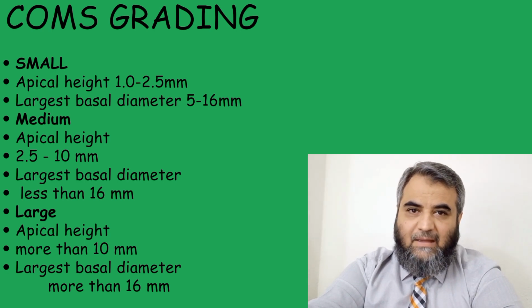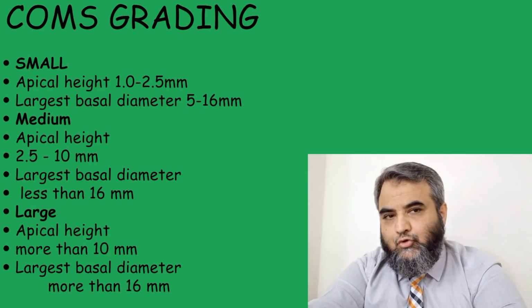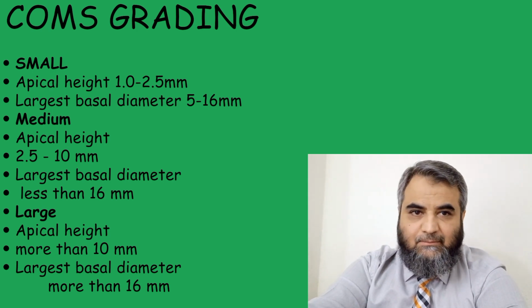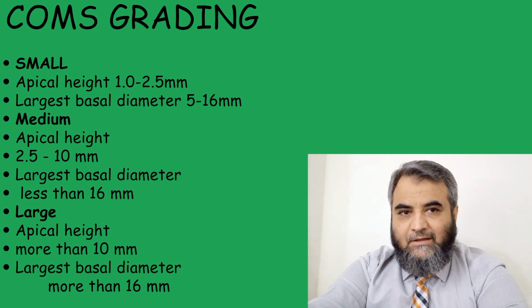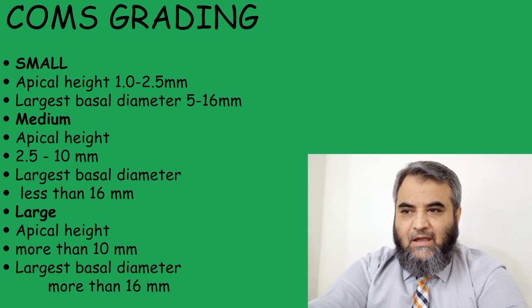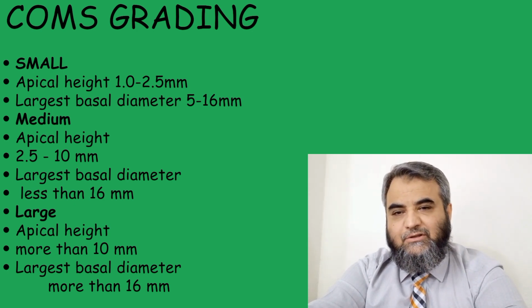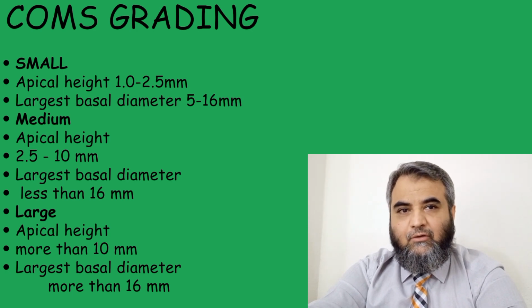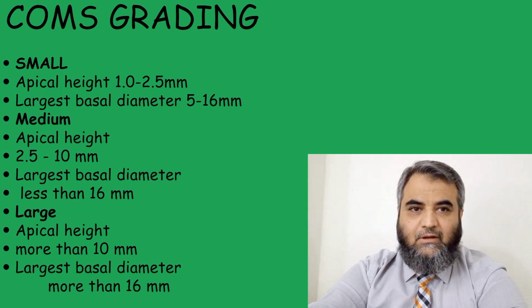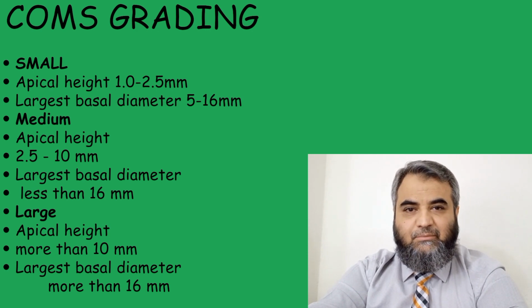For example, if the apical height is 1 to 2.5 millimeters and the basal diameter is 5 to 16 millimeters, they consider it small. The large one has an apical height of more than 10 millimeters, while the basal diameter is more than 16 millimeters. This differentiation is very important when we are deciding the different treatment strategies.